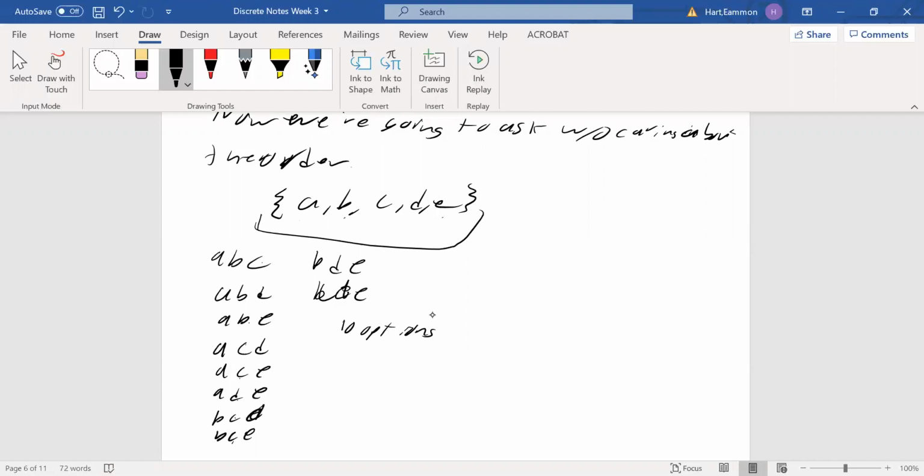But this is actually very similar to our other question. Our other question was how many different ways are there to pick them in order?